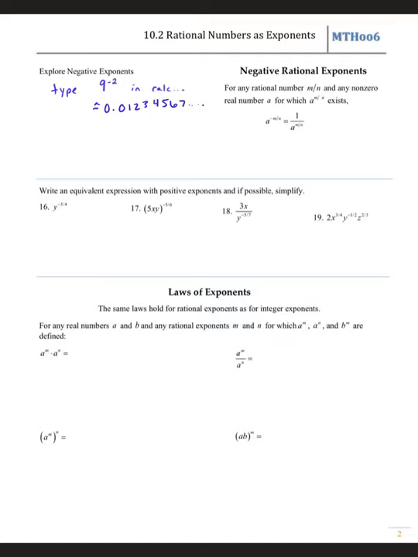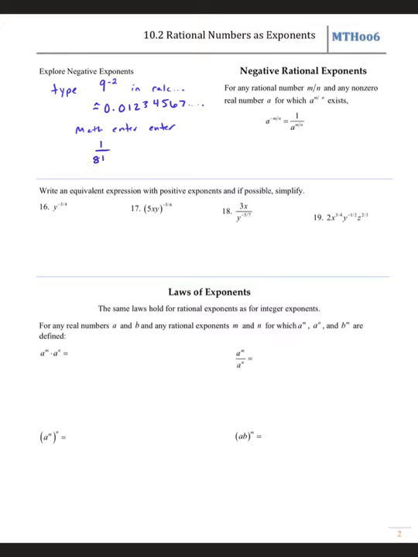Now, what I want you to do is hit Math, Enter, Enter to change that to a fraction. And when we hit Math, Enter, Enter, we are getting 1/81.